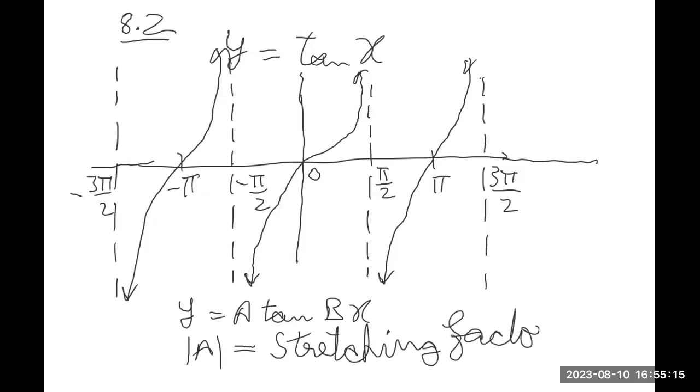That's the factor by which the graph of tan x is stretched vertically if you have a constant other than 1 in front. The range of the graph is from negative infinity to infinity. The value of the tan function can be any real number.